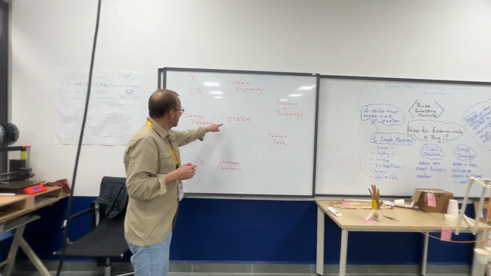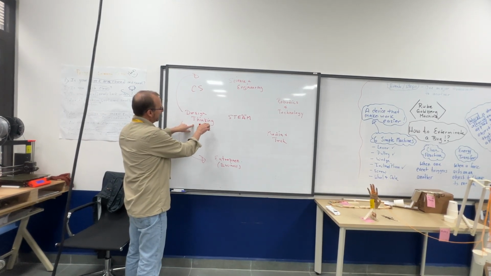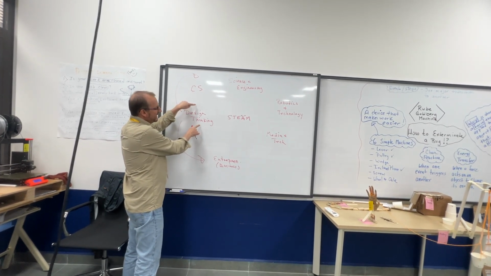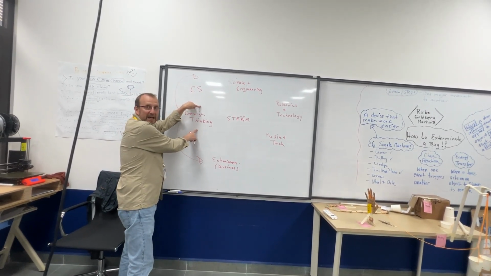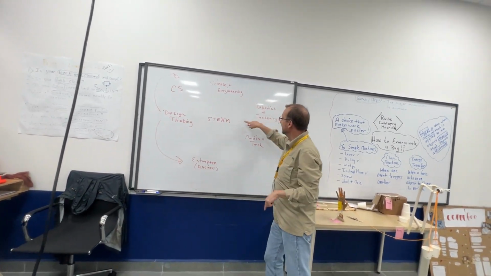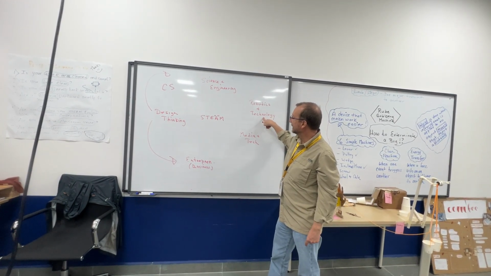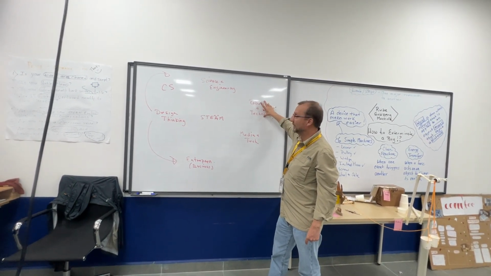Yeah, so all of this stuff, the design thinking, we have our science, we have our technology, engineering, and mathematics in that. Robotics and technology, we do have our tech in that. But it all depends on what we're doing.